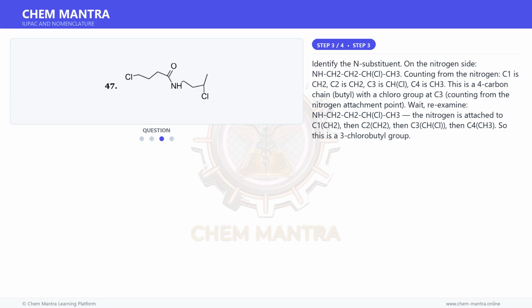Wait, re-examine: NH, CH2, CH2, CH, Cl, CH3. The nitrogen is attached to C1, CH2, then C2, CH2, then C3, CH, Cl, then C4, CH3. So this is a 3-chlorobutyl group.